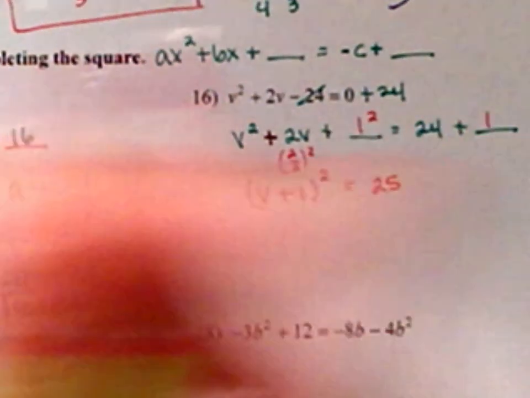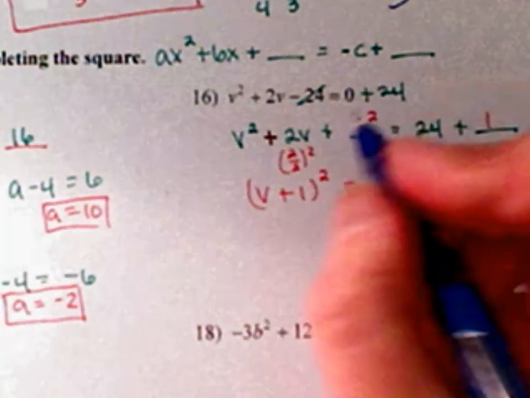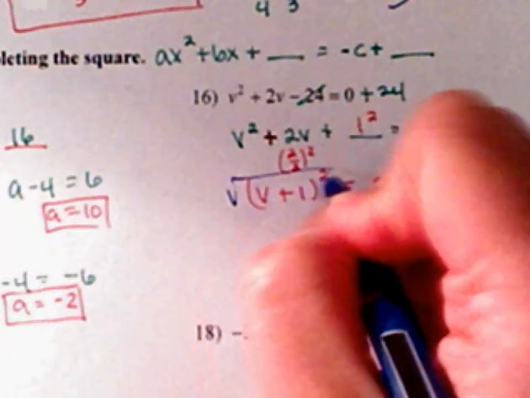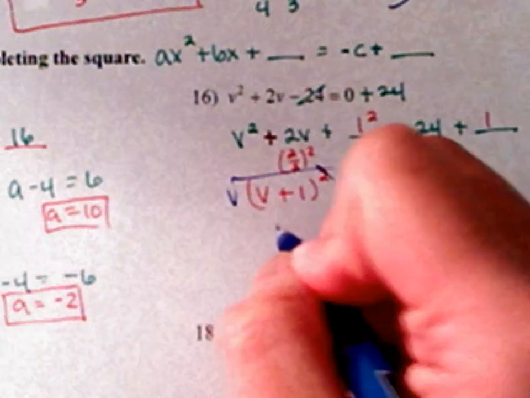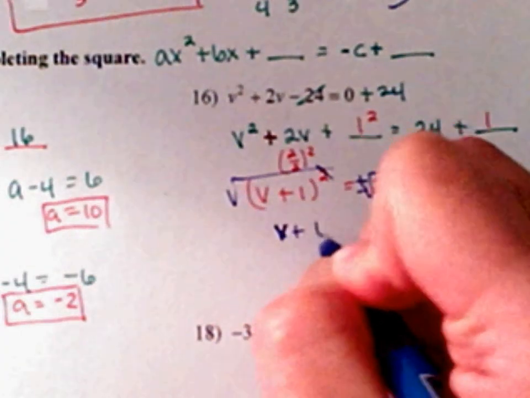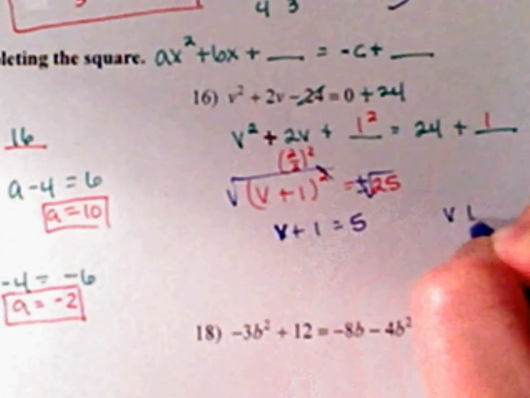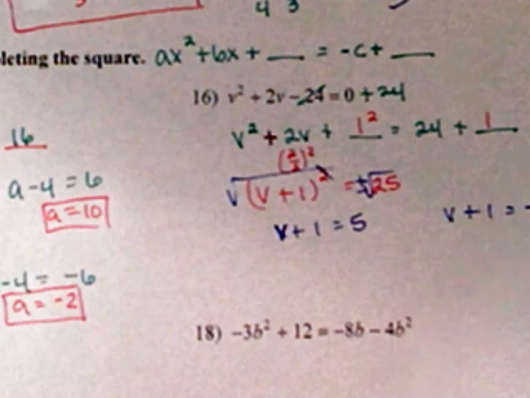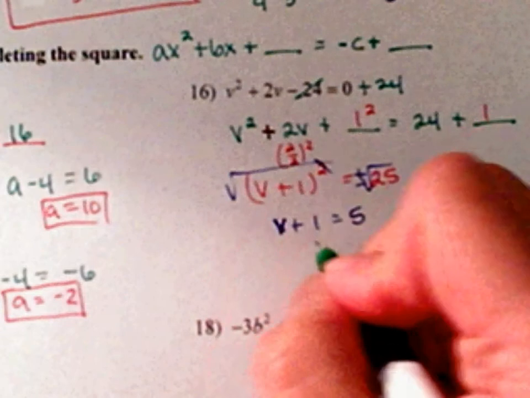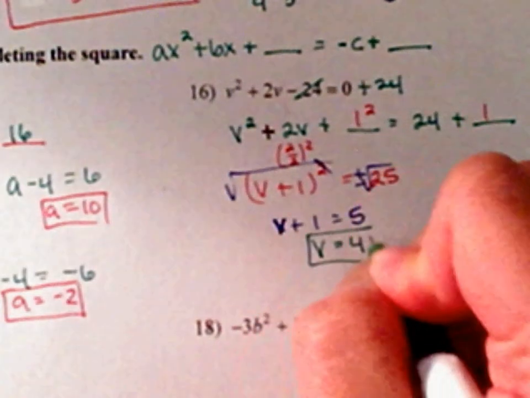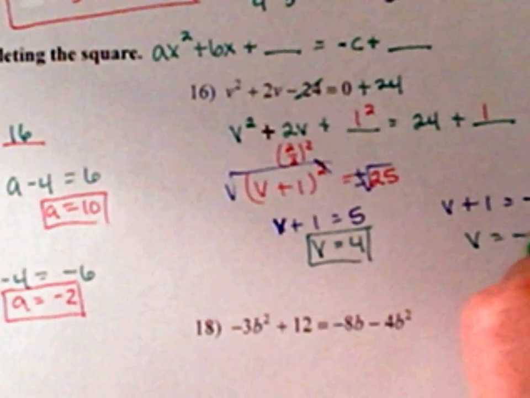Take a square root. Okay? And when you take a square root, you get two answers. So v plus 1 is equal to 5, and the other one is v plus 1 equals negative 5. Subtract 1 to this side, so v is equal to 4. Subtract 1, v is equal to negative 6. Okay.